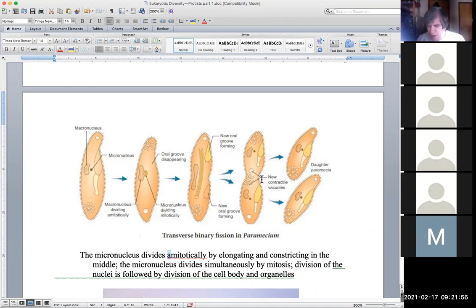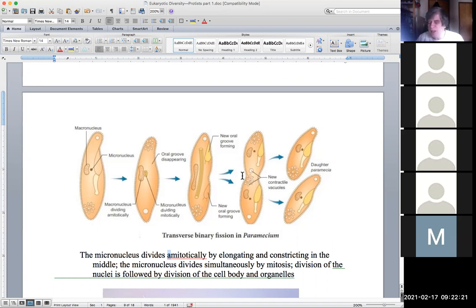And then we have the cell pinching inward, and it forms new contractile vacuoles. It forms a new oral groove, this kind of yellow part, which is where it funnels the food into. It replicates organelles in the cytoplasm.